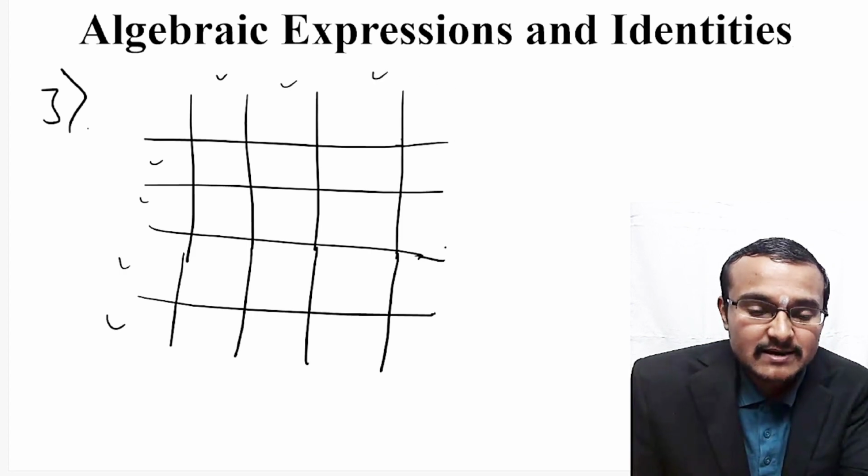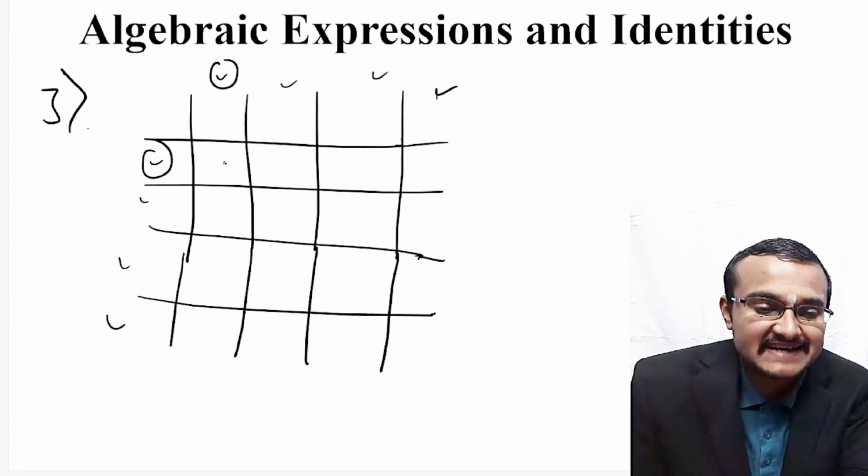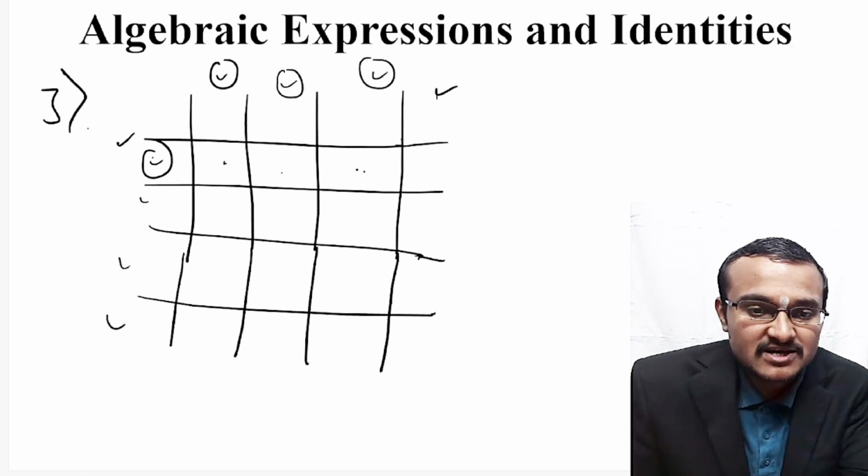You should multiply this particular algebraic expression with this particular algebraic expression to get the answer over here. You should multiply this algebraic expression with this to get the answer here.